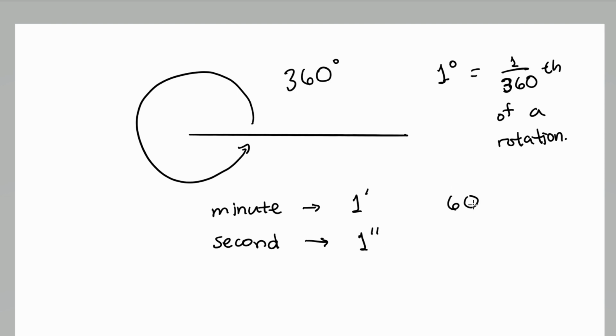So 60 minutes are in 1 degree, and 60 seconds are in 1 minute, which by default means that 3,600 seconds are in every degree. So it allows us to really fine-tune things whenever we are trying to come up with these measurements.